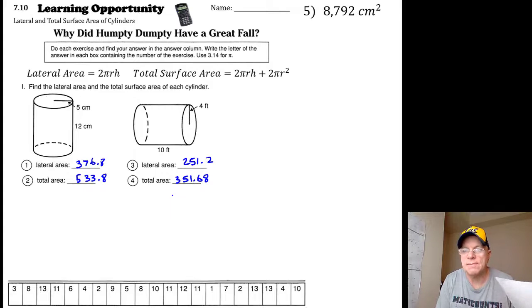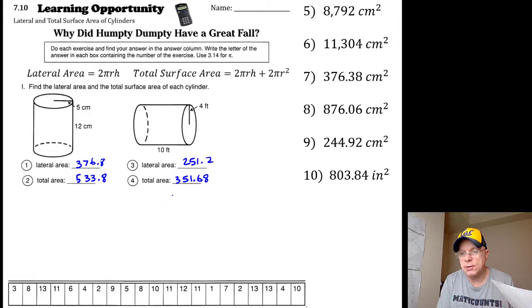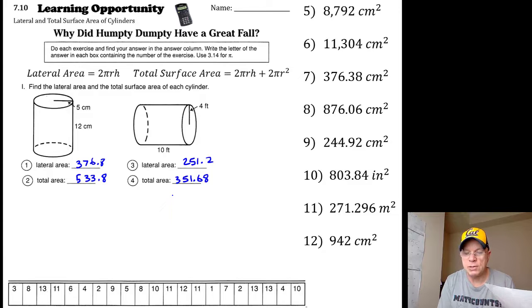Number 5 is 8,792 centimeters squared. 6 is 11,304 centimeters squared. 7 is 376 and 38 hundredths centimeters squared. 8 is 876 and 6 hundredths centimeters squared. 9 is 244 and 92 hundredths centimeters squared. 10 is 803 and 84 hundredths inches squared. 11 is 271 and 296 thousandths meters squared. 12 is 942 centimeters squared.